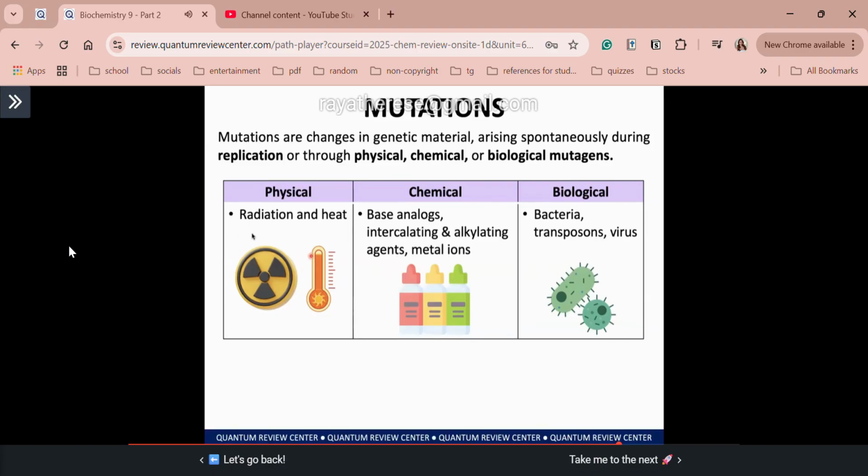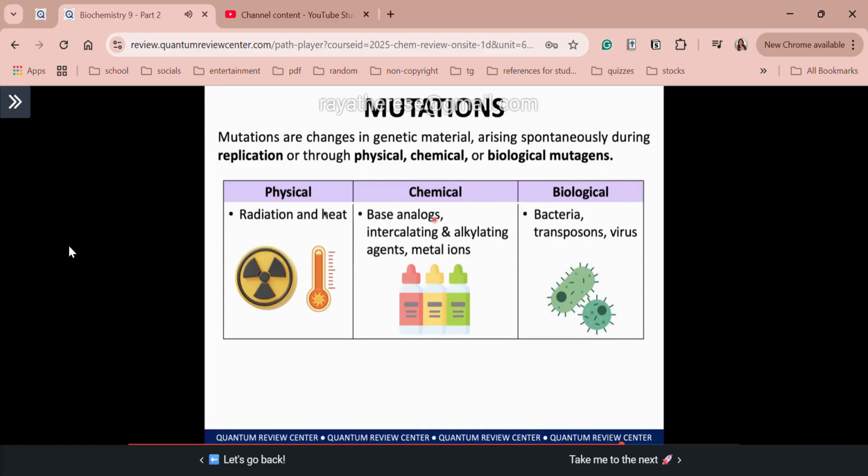Alright. So class, for the chemical, we have your base analogs. So when we say base analogs, they are like chemical imposters because they can sneak into your DNA in place of our 4 real bases. And of course, they mess up the pairing rules, thereby causing mutations.